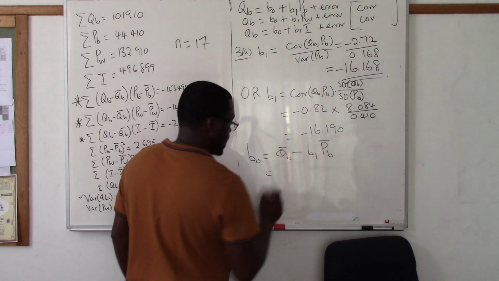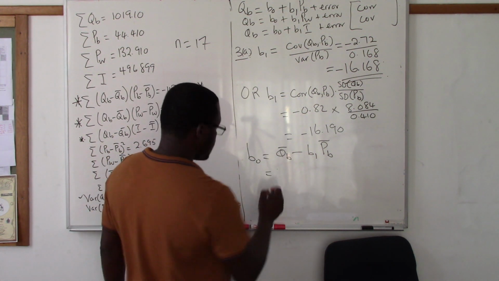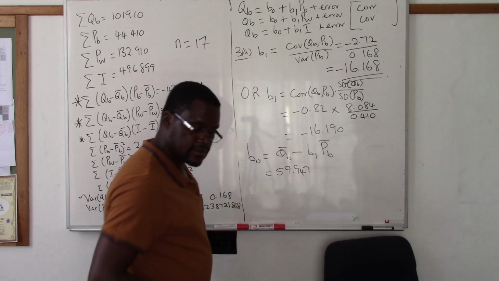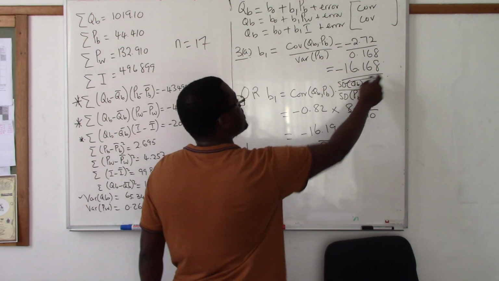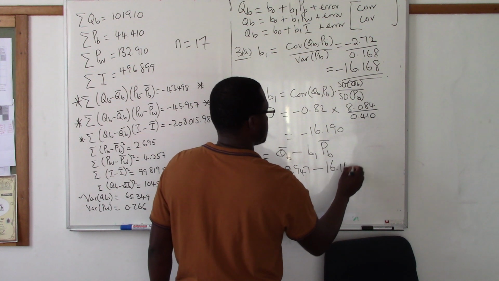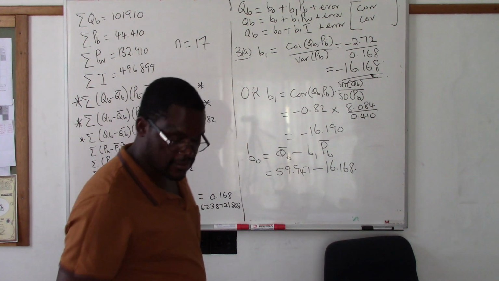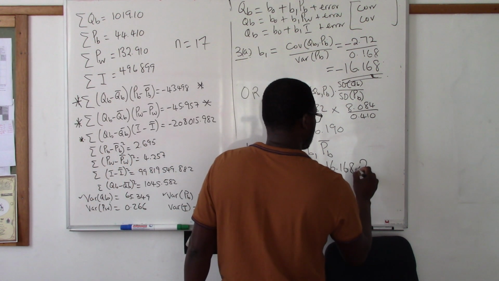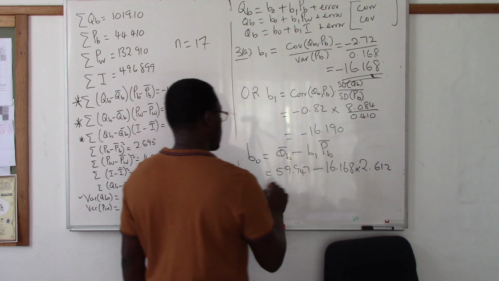So here it's 59.947, less, let's use this one which is more accurate, less 16.168, which we just calculated, multiplied by the mean of our PB, which is 2.612.